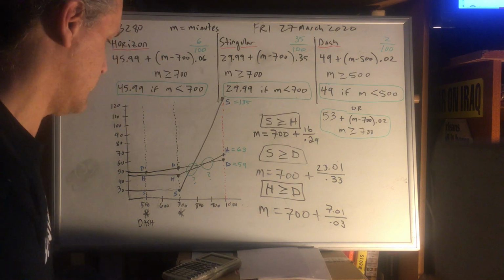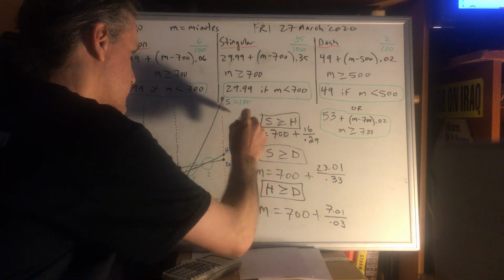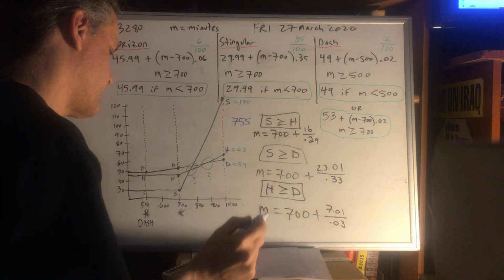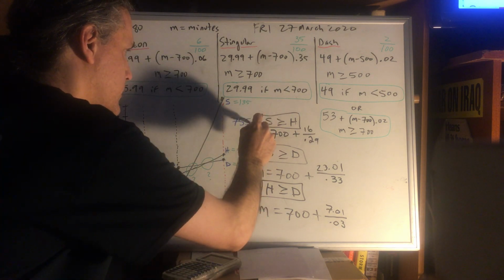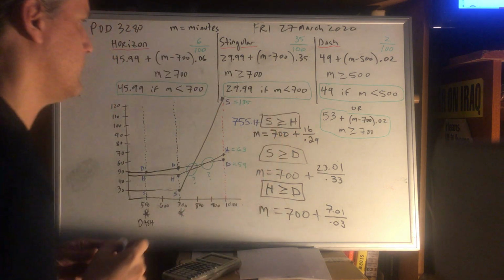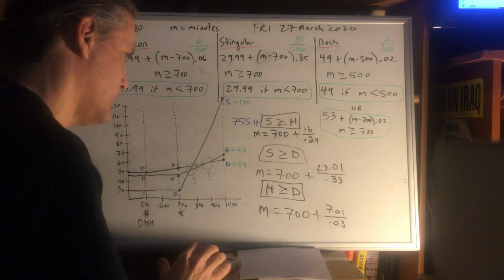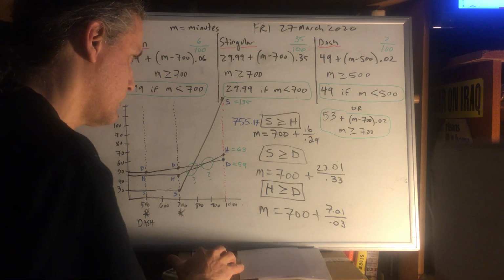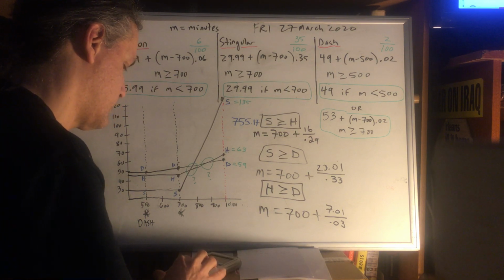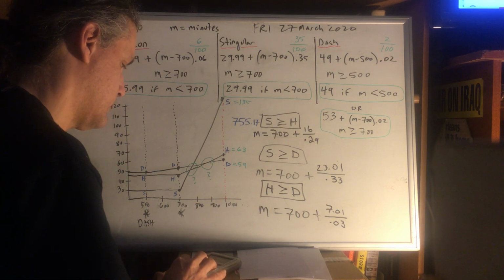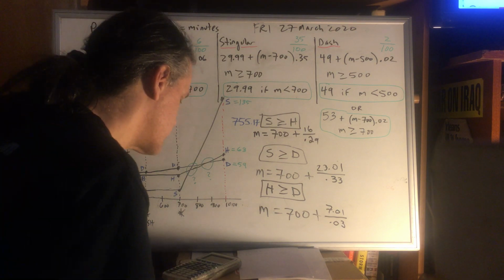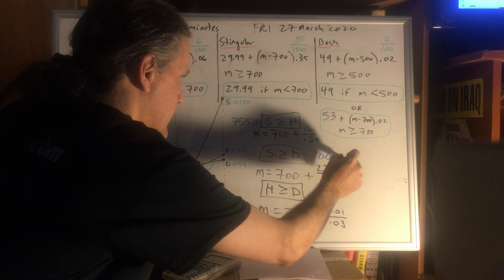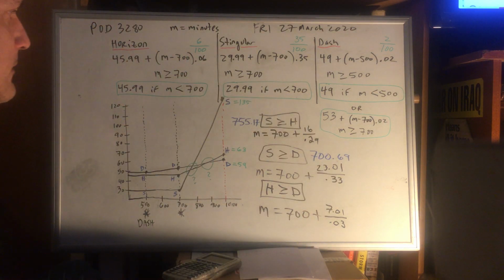So then this is 755.17. This is 769, or rather 700.69.